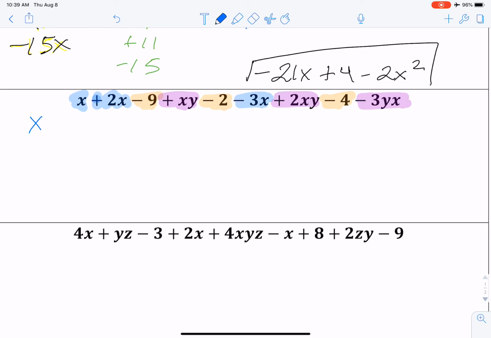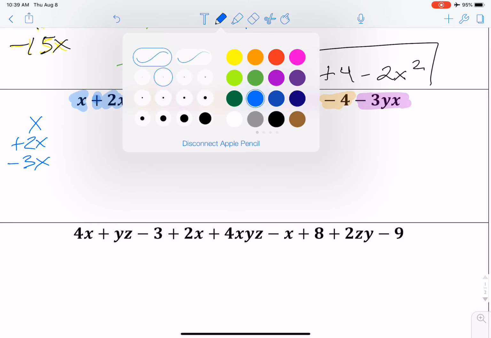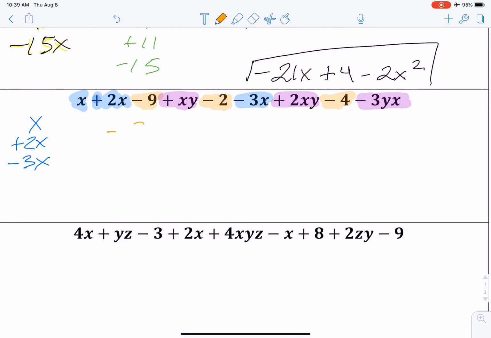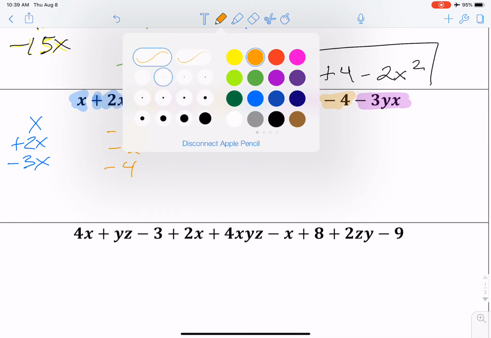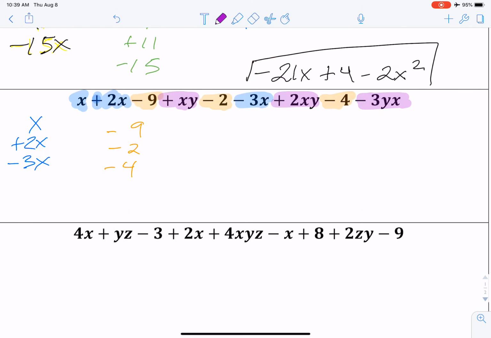So I have an x, positive 2x, and a negative 3x. Then I have the negative 9, negative 2, and negative 4. And then I have a positive xy, a positive 2xy, and a negative 3xy.